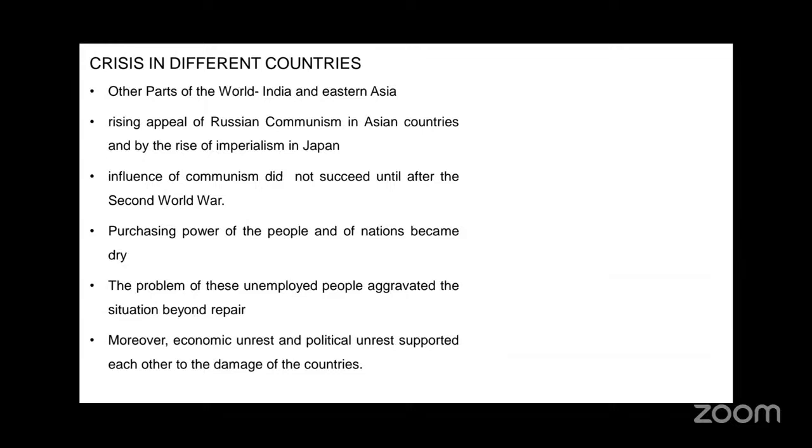This can especially be seen in the colonial countries, where colonies were occupied by these colonial powers.